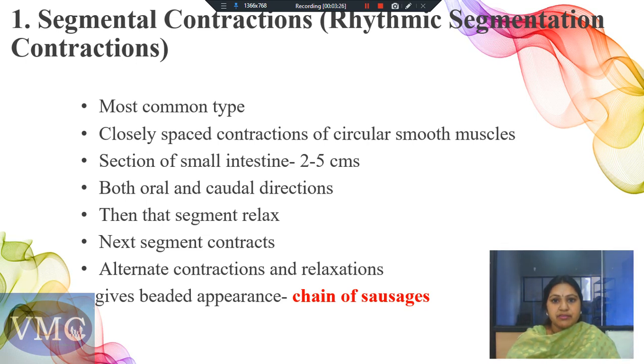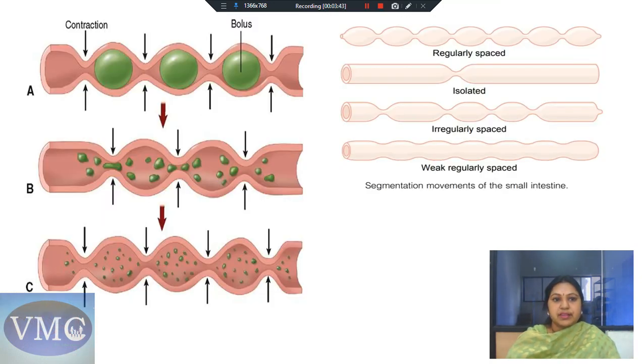So segmental contractions cause contraction and relaxation at a segmental region, so that there are alternating phases of contraction and relaxation, and this is very important for the food to get mixed up. Here you can see there is a bolus, and you have the food particles in it, and it causes a segmental movement.